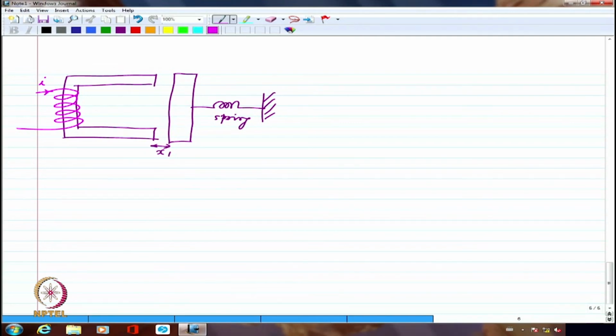So it has been attracted, but it has not hit the C-shaped magnet yet. It is still in the process of moving. Originally it was x1, now it is x2, so it has moved slightly towards the C-shaped magnet. If I draw the magnetization characteristics for these two distances, this is I, this is lambda.